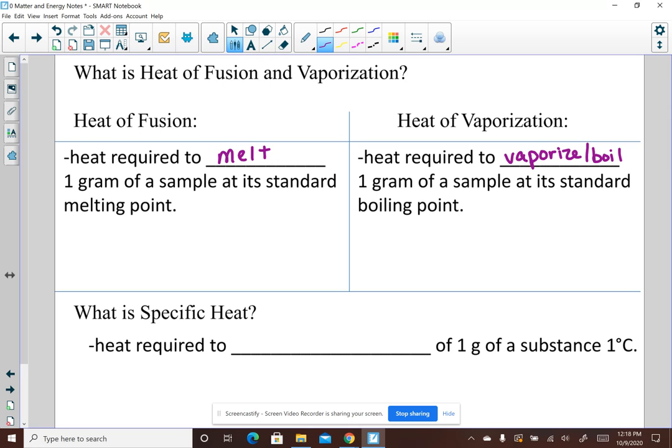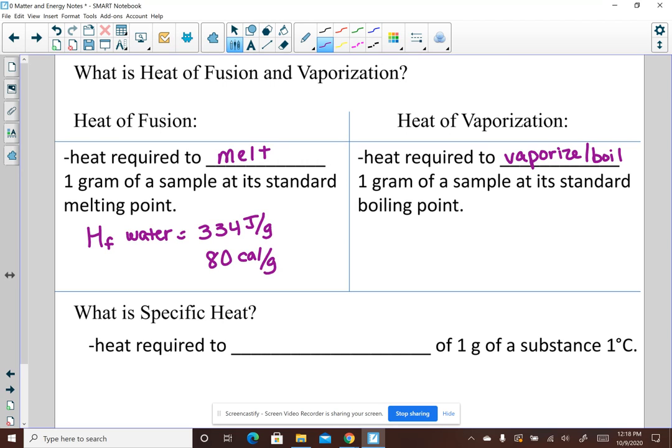For honors, you do have to memorize those numbers for water, and you have to memorize them in 2 different units. Okay, so the abbreviation for heat of fusion is HF, and the heat of fusion for water is 334 joules per gram or 80 calories per gram.